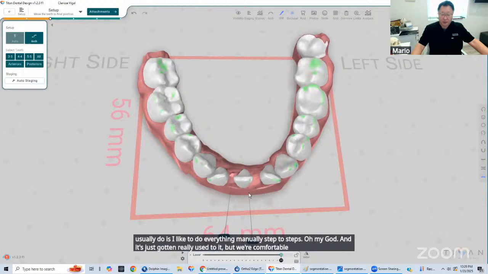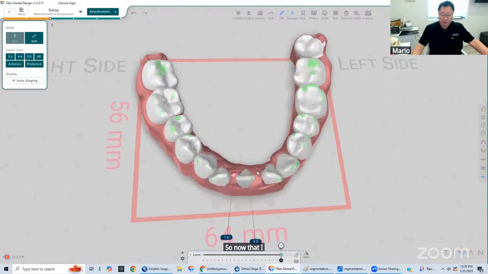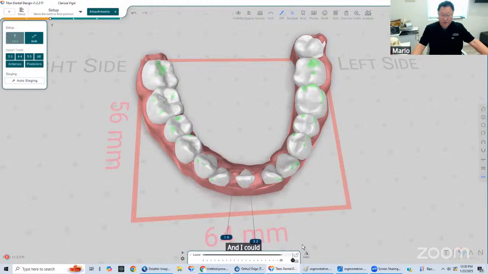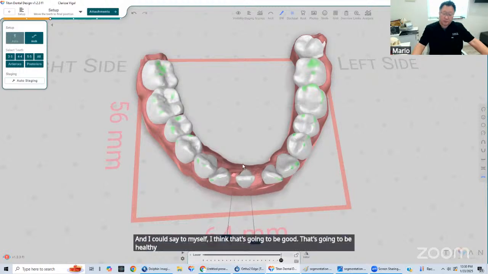So now that I know the lower incisor, I envision where the surrounding envelope of bone is. And I can say to myself, I think that's going to be good. That's going to be healthy. We're not violating the envelope of the labial or the lingual cortical plates.